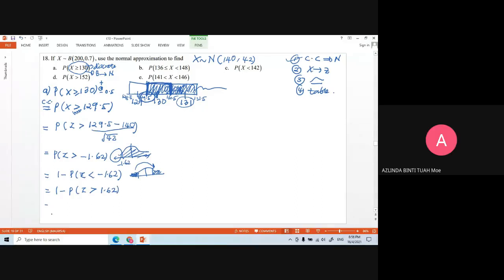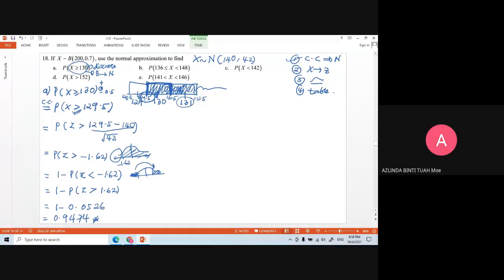Okay, from table, what is the value, Nabil? Kosong 0.0526. Okay, 1 minus 0.0526. Zero point nine four, 0.9474. Alright, thank you.